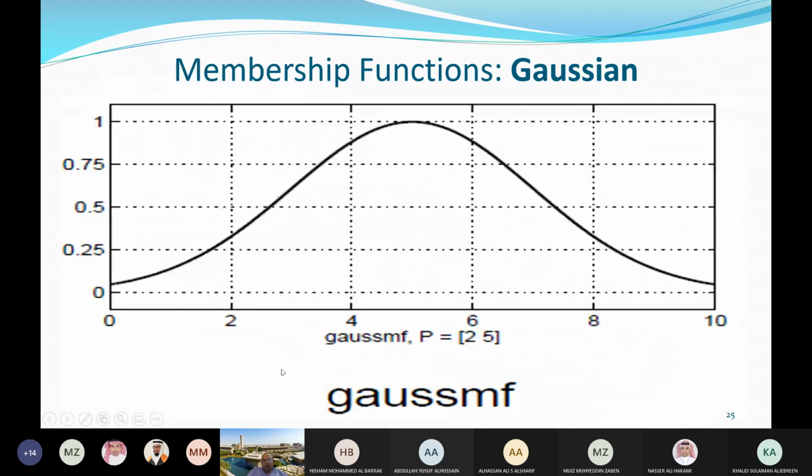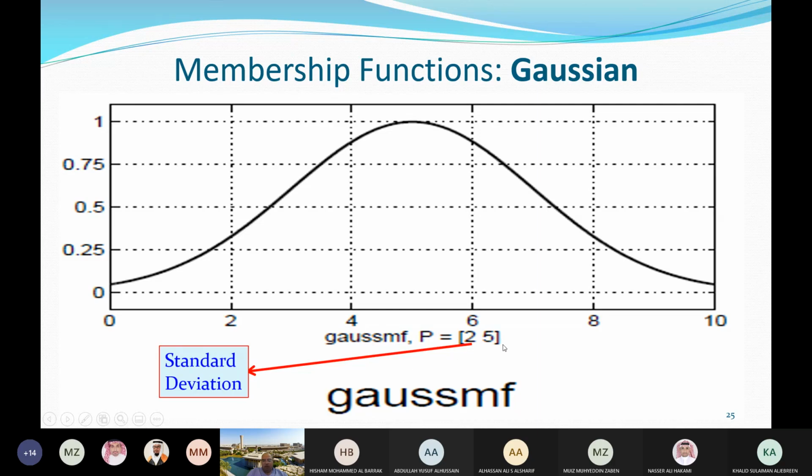Another one is the Gaussian. Here you need to define the Gaussian. It is defined by the mean value, or average value, and also the standard deviation, 2 and 5. So this is the Gaussian membership function.